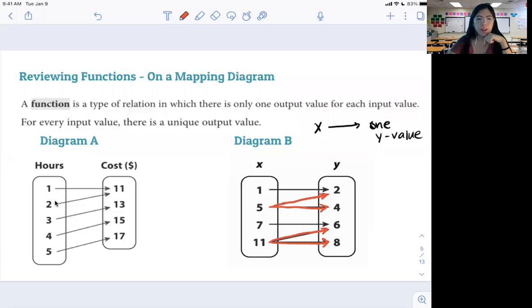So even though 1 and 2 are going to the same value, that's okay, because all that matters is that the 1 is only going to one place and the 2 is only going to one place. So this is okay. Basically, you can converge on the same number, but you can't branch out to 2 different numbers.